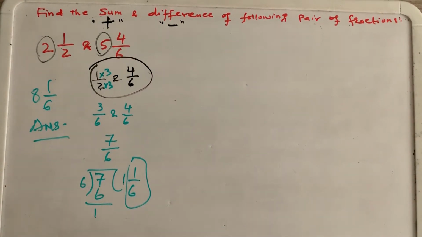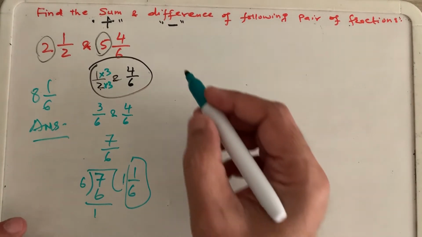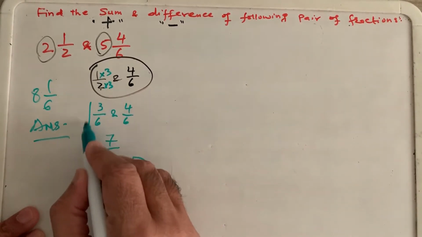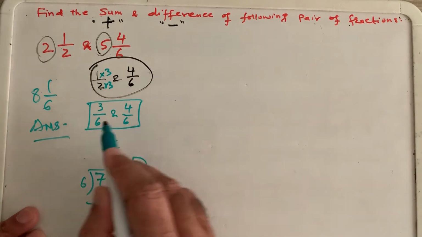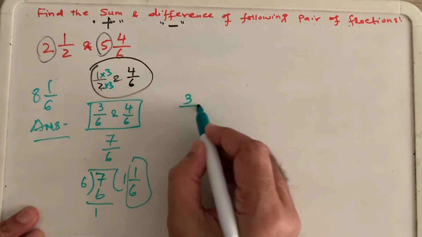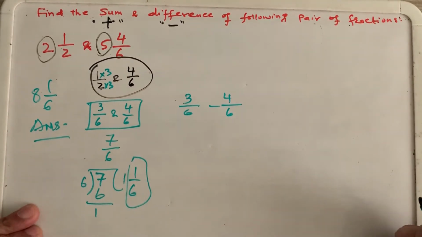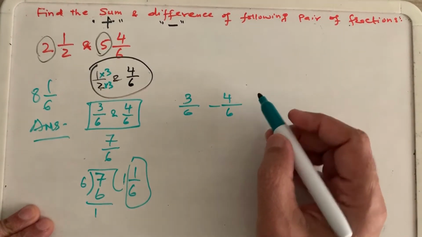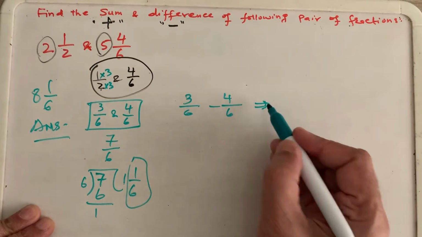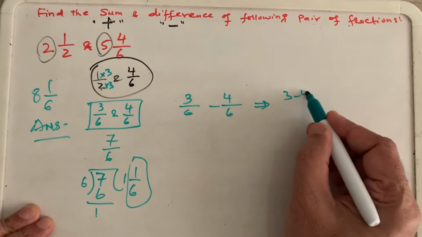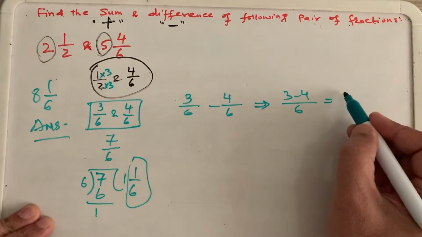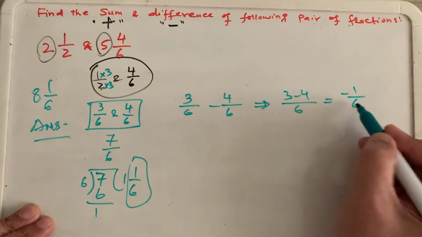Now we have to subtract these two fractions. Because we have the common denominator, we look at 3/6 minus 4/6, right? In algebra, we can subtract them like 3 minus 4 over 6, and say that minus 1/6 is my fraction.